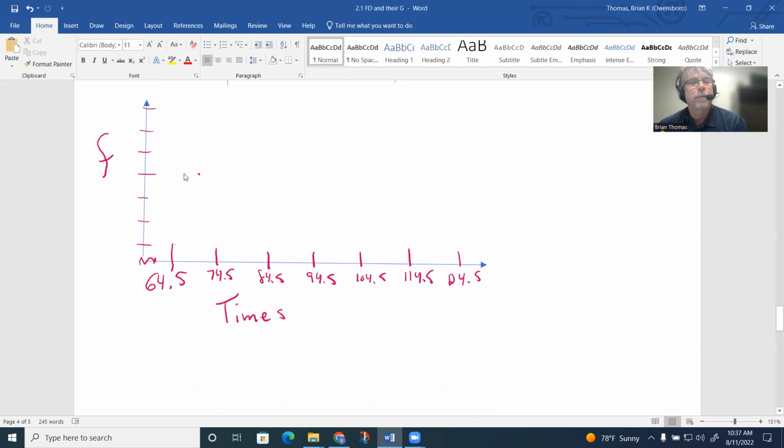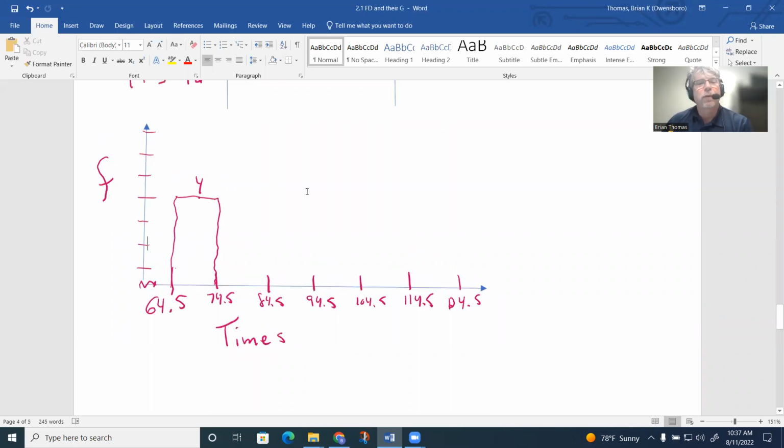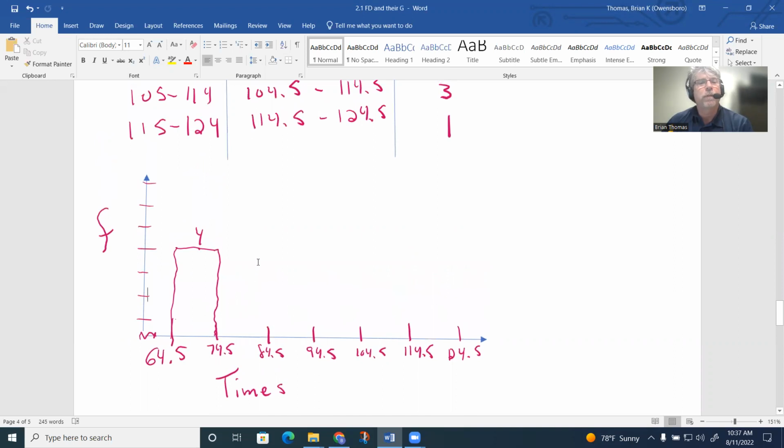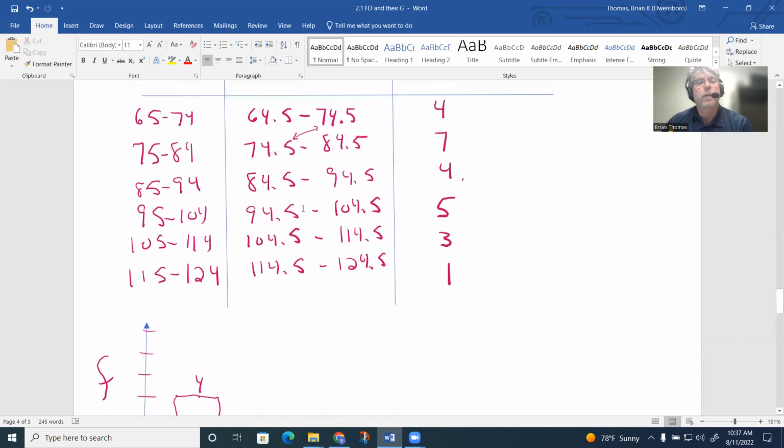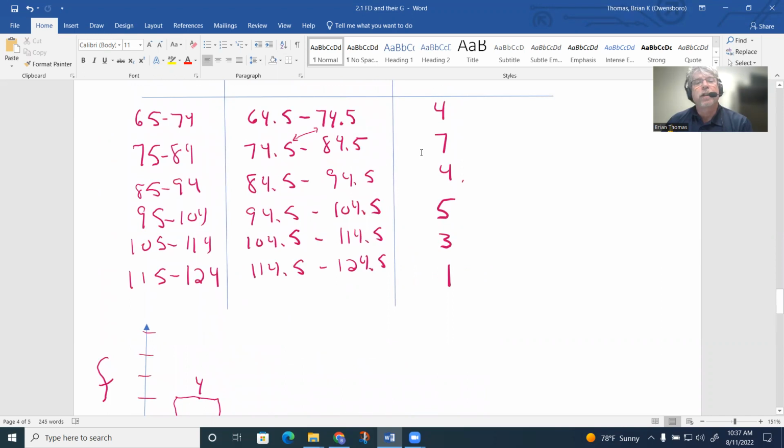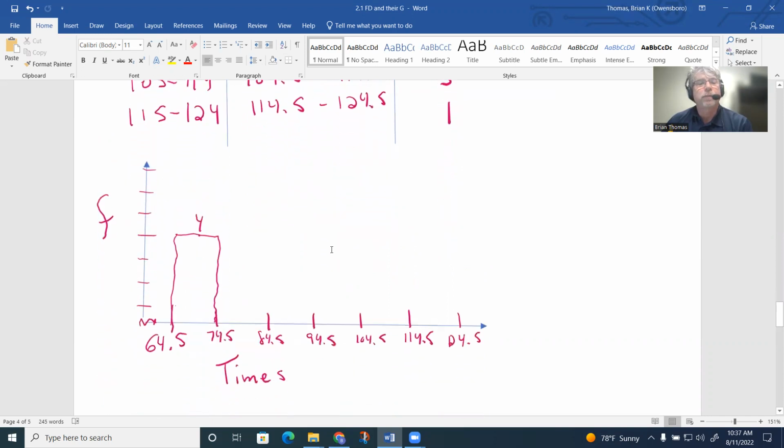This is not perfect, just roughing it out. But that would be a 4 for that frequency. So between 64.5 and 74.5, 4 people would have that rate, and I'm modeling it within what's called a histogram.